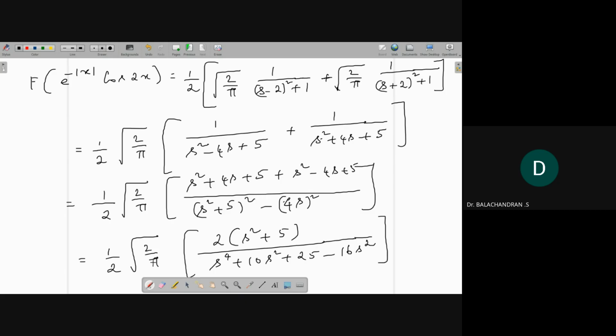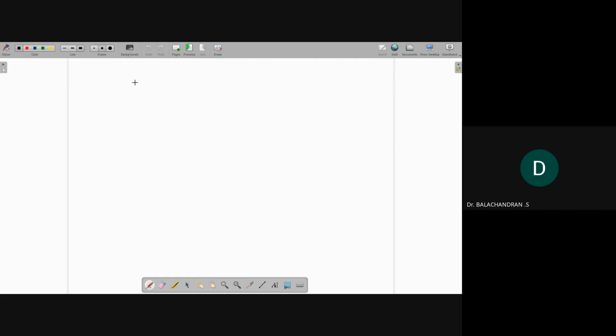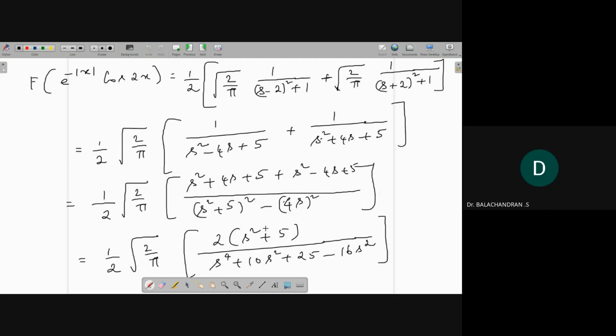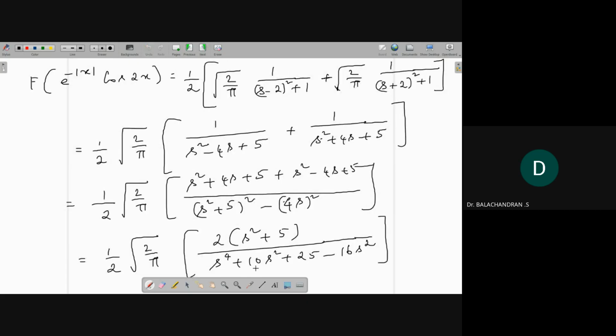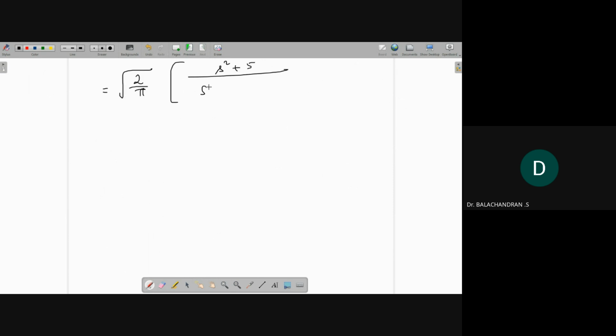So again we get root 2 by pi, the numerator s square plus 5, divided by the denominator s power 4 minus 6s square plus 25.